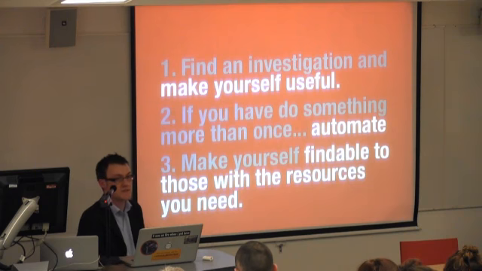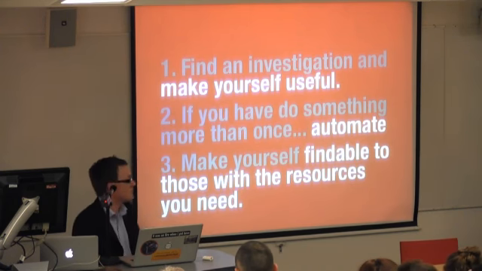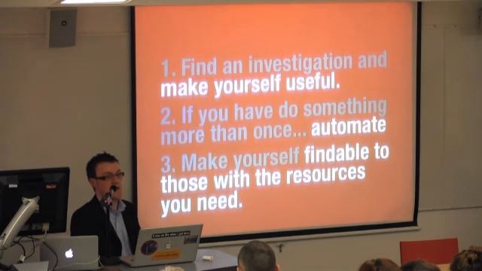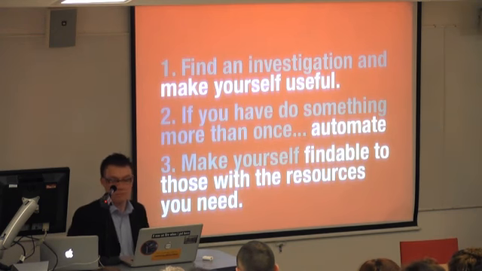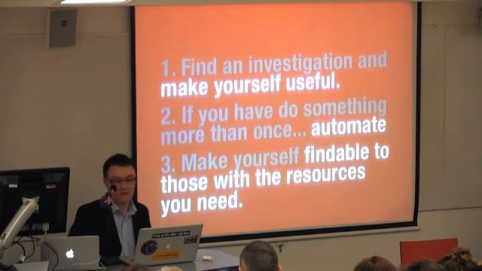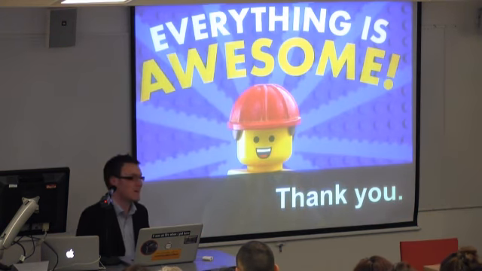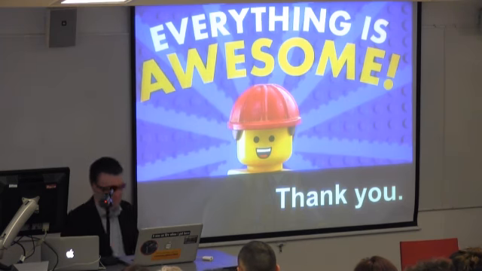It can allow you to do things that you just wouldn't have the time to do otherwise. And likewise, making yourself findable saves you time and people, because people approach you and it takes you less time to find them. In terms of the equipment and travel, I think Lyra's going to talk a little bit more about that, but I'll end there. Thank you very much.